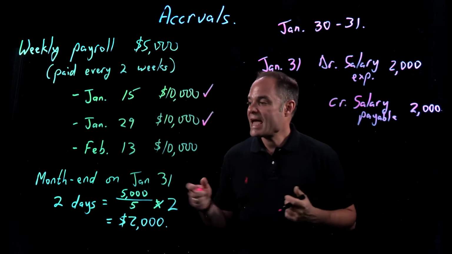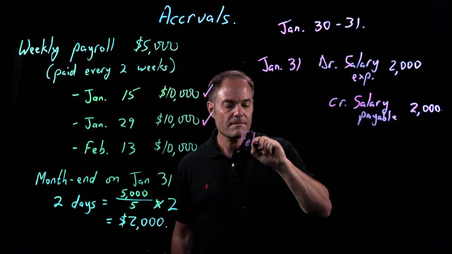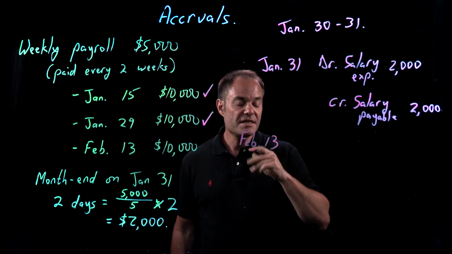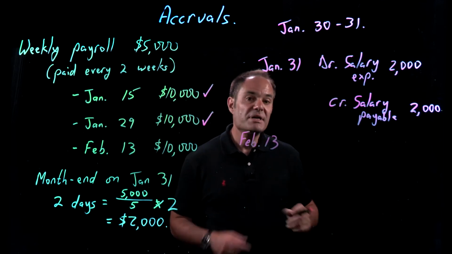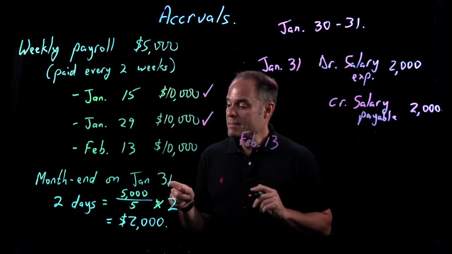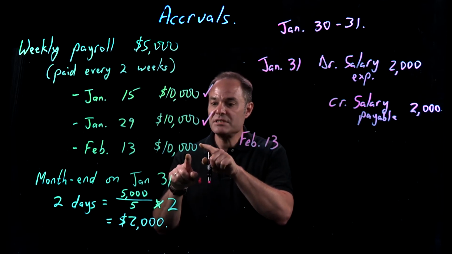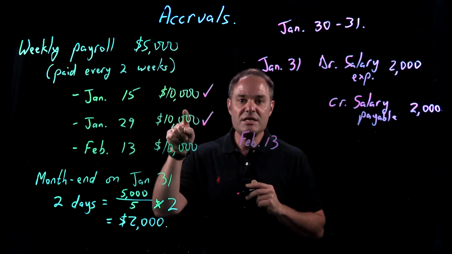Now, what's going to happen on February 13th? Well, on February 13th, the company is going to pay its employees $10,000 in aggregate. But it doesn't have $10,000 of salary expense in February. Remember, out of this $10,000, $2,000 of it was pulled expense-wise into January.